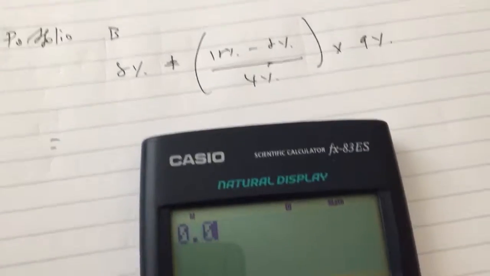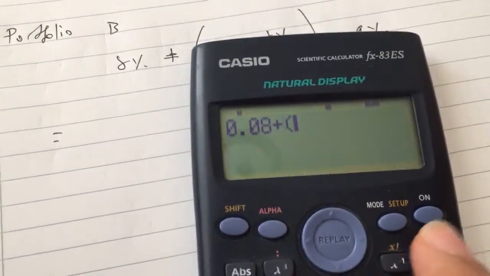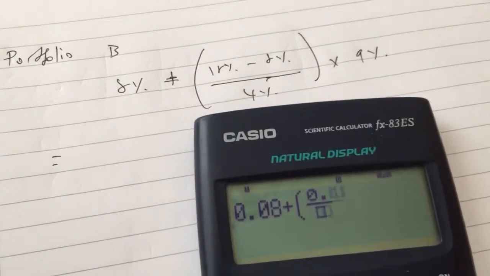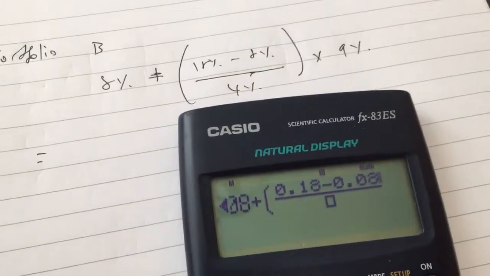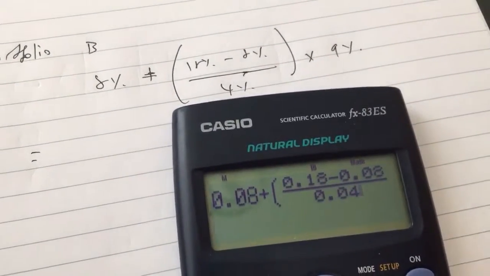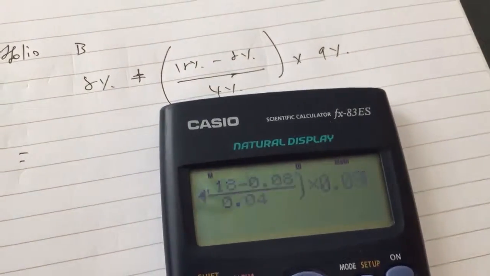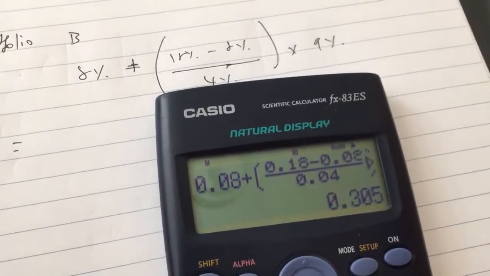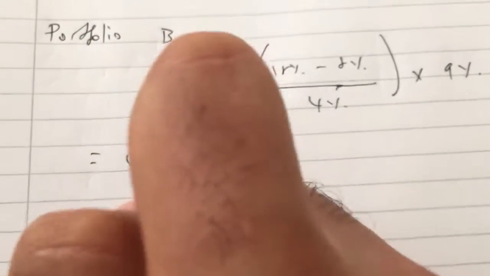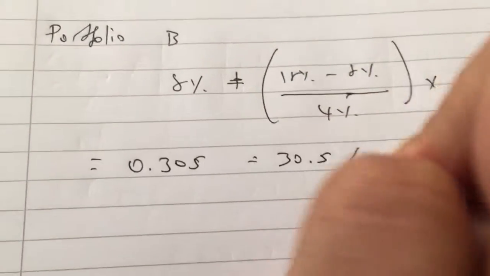So put this into the calculator: 0.08 plus 0.18 minus 0.08 divided by 0.04, close bracket, multiplied by 0.09 equals 30.5. So this equals 0.305, which equals 30.5%.